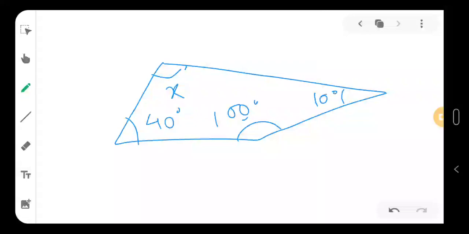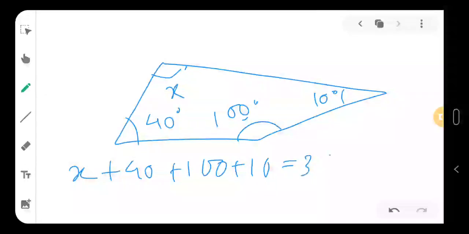We will use the fact that the sum of all the angles inside any quadrilateral is equal to 360 degrees. So I can write x plus 40 plus 100 plus 10 should be equal to 360 degrees. From there I can easily get what this angle x should be.